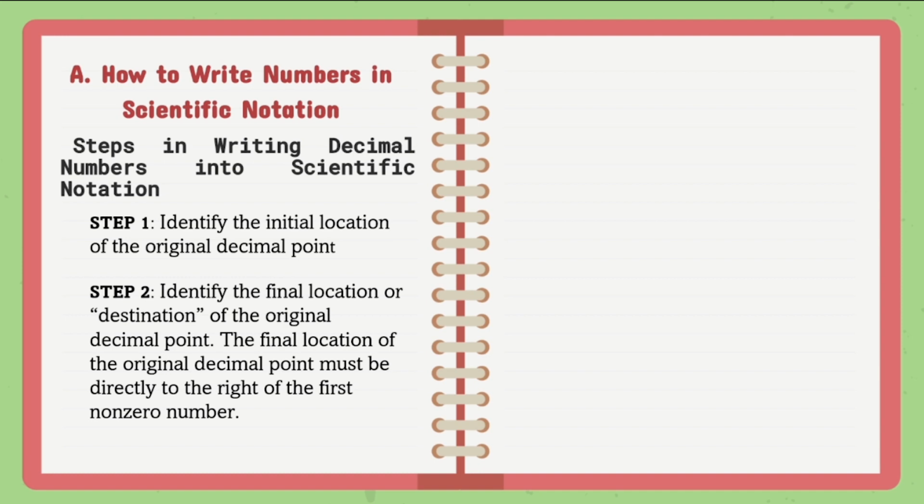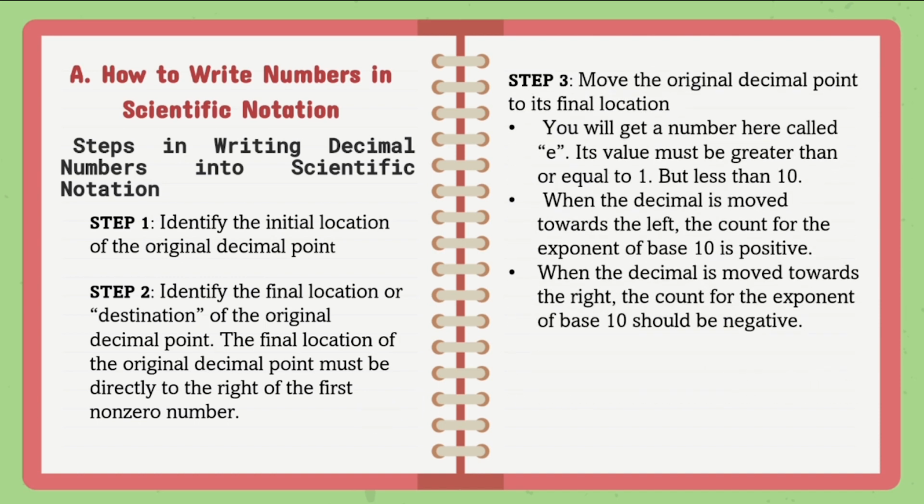The final location of the original decimal point must be directly to the right of the first non-zero number. The third step is to move the original decimal point to its final location. You will get a number here called C. Its value must be greater than or equal to 1, but less than 10.